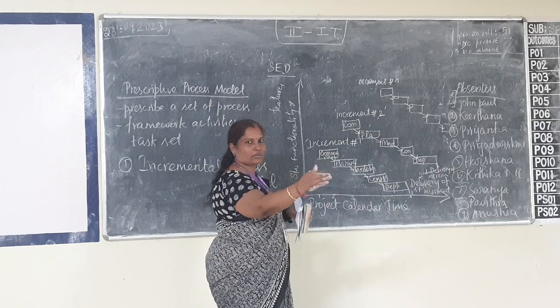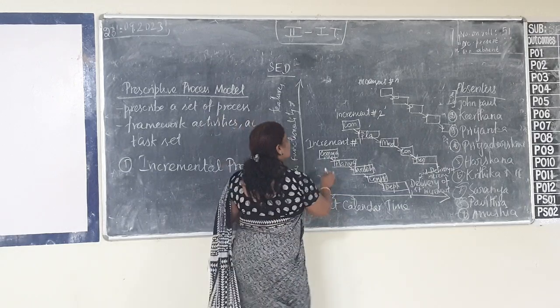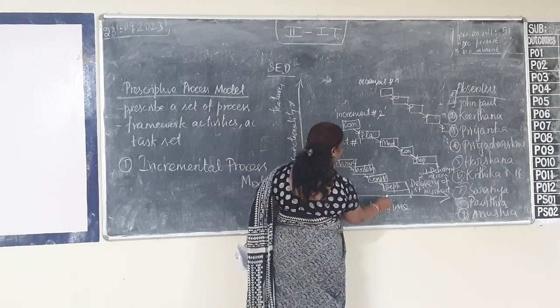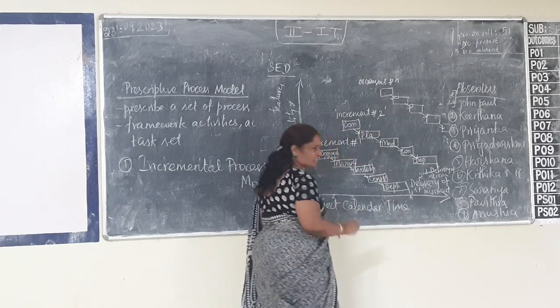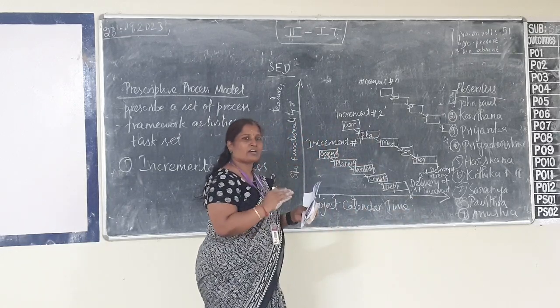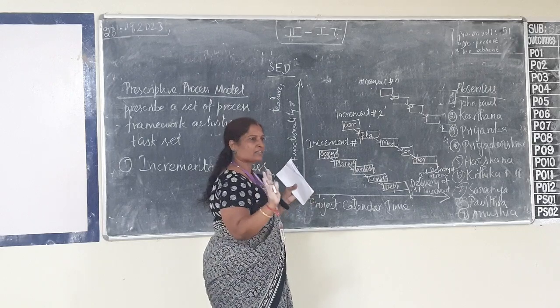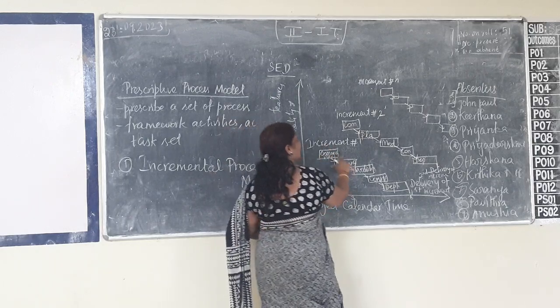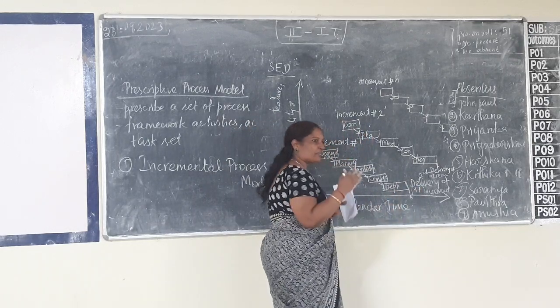It goes like that, like a graph we have done. So at 4, 5, 6th month, let us assume, the first increment will be ready to deliver.